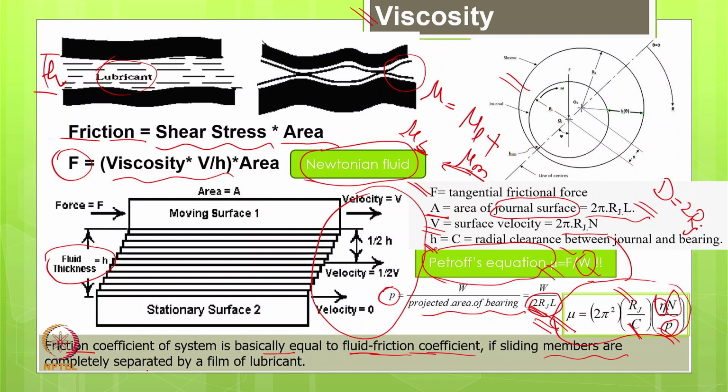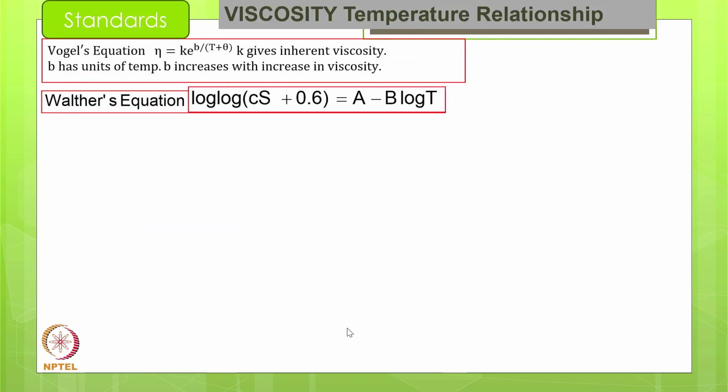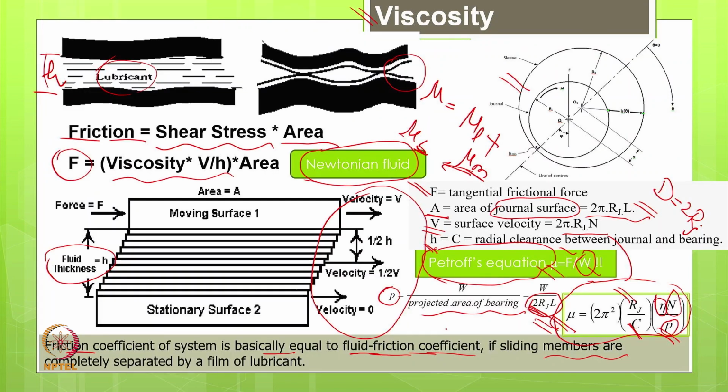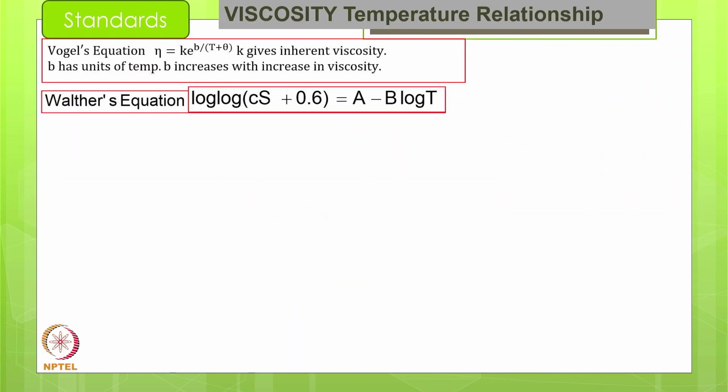When the two surfaces are completely separated, then the coefficient of friction of the system is equal to fluid film lubrication, that makes sense to us. That's right. But this is what is being mentioned over here. So these are the important aspects to learn.